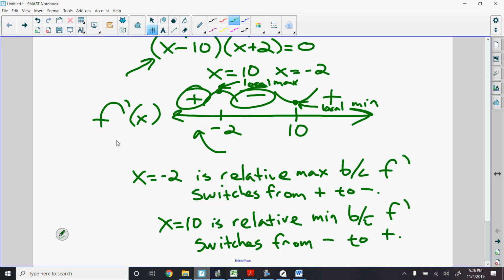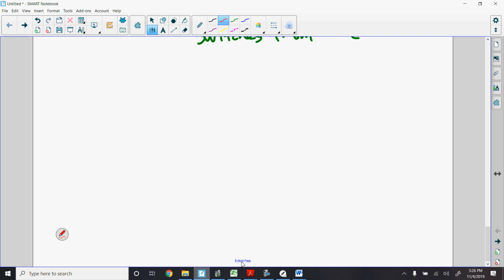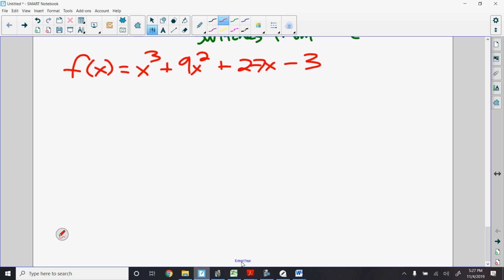New function. So here's my function f of x. Again, I want to find and analyze critical points.